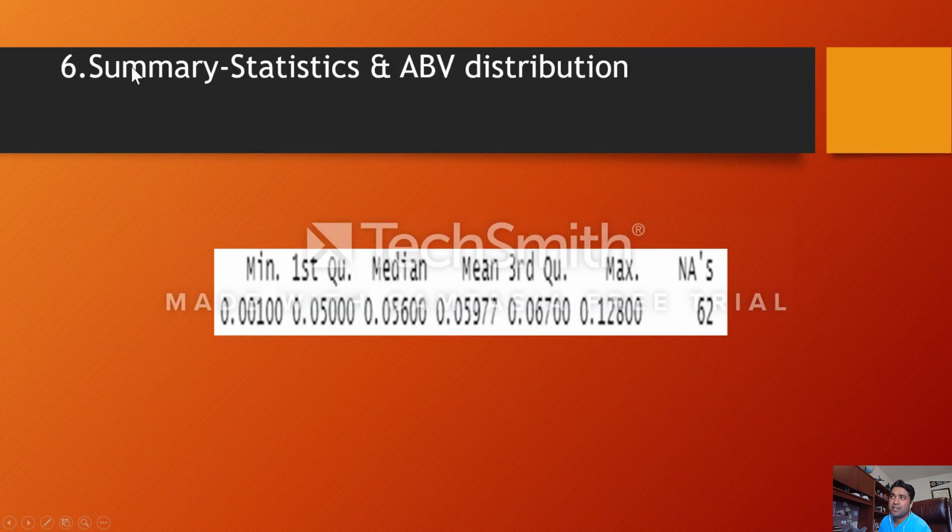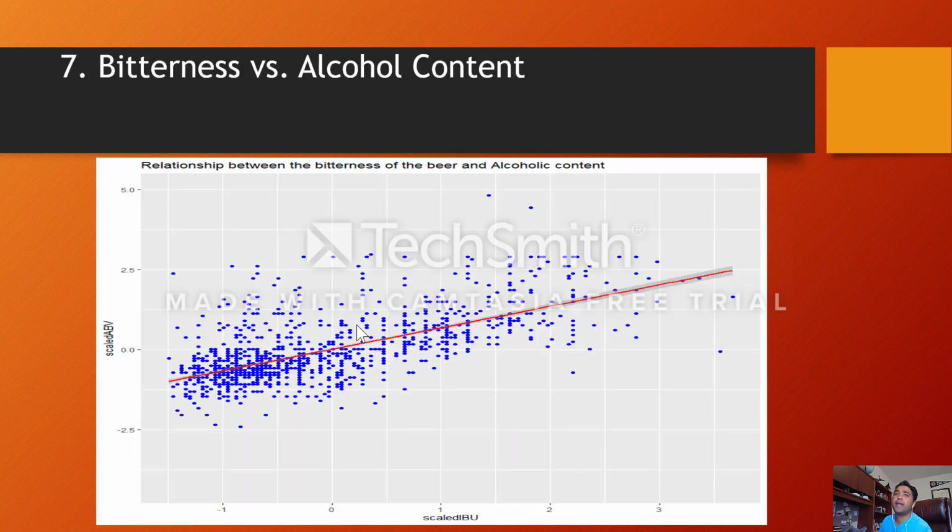So this is giving us a summary of all the statistics for the alcohol content distribution. The median value, like we've seen, is 5.6%. The maximum is 12.8% that we've seen here at Colorado, and the minimum is 0.001, and everything in between. So that gives you an idea of how the alcohol content is distributed.